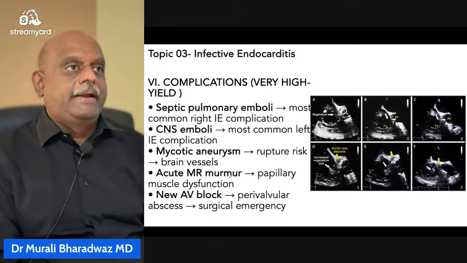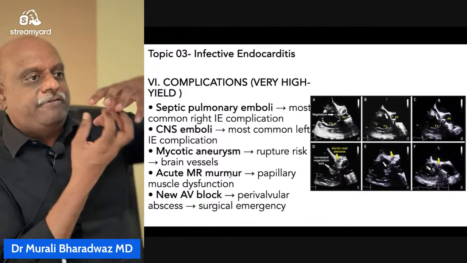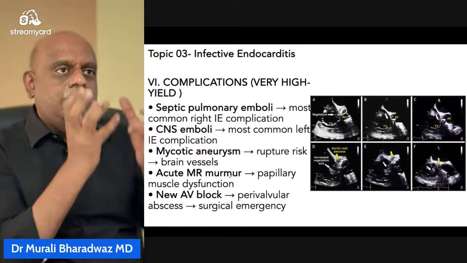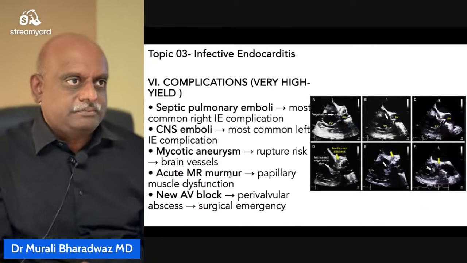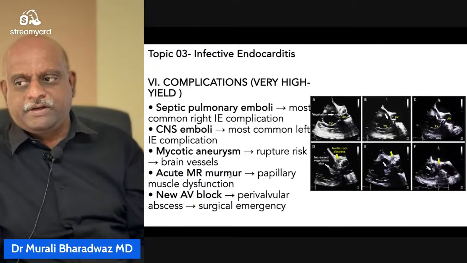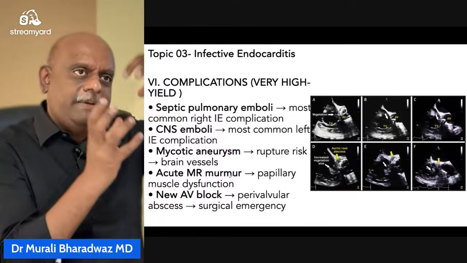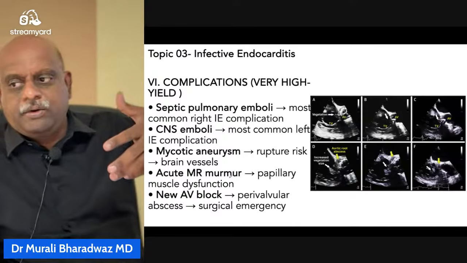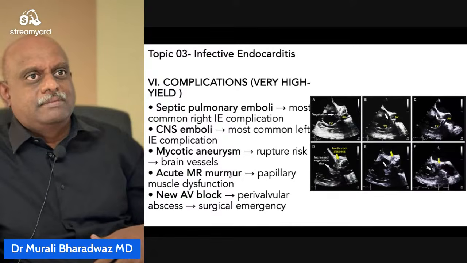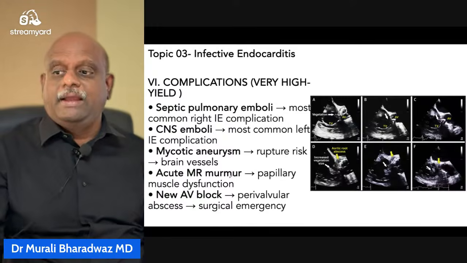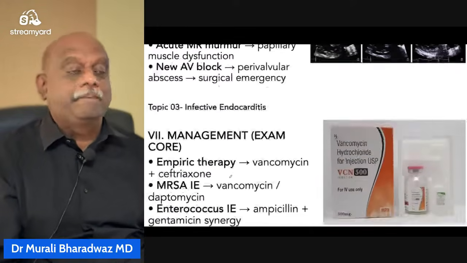Then, because of the heavy fungal vegetations hanging on the mitral valve, it can lead to acute MR, to papillary muscle dysfunction. And any perivalvular abscess caused by infective endocarditis can lead to AV block, heart block. That is a surgical emergency, is what you need to remember.